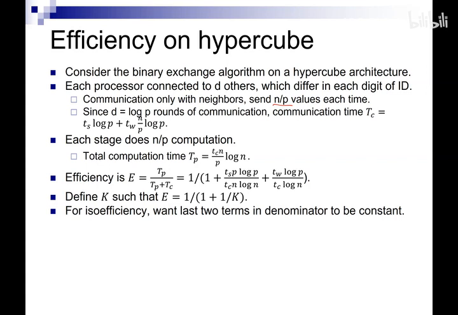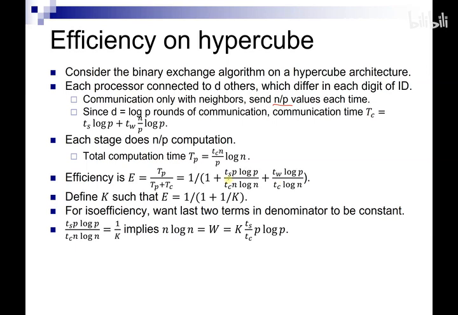So if we want to maintain the same efficiency, isoefficiency, as we modify p, then we have to make sure that these two terms in this denominator do not change as p goes up. So n would also have to increase for the two terms to stay the same.